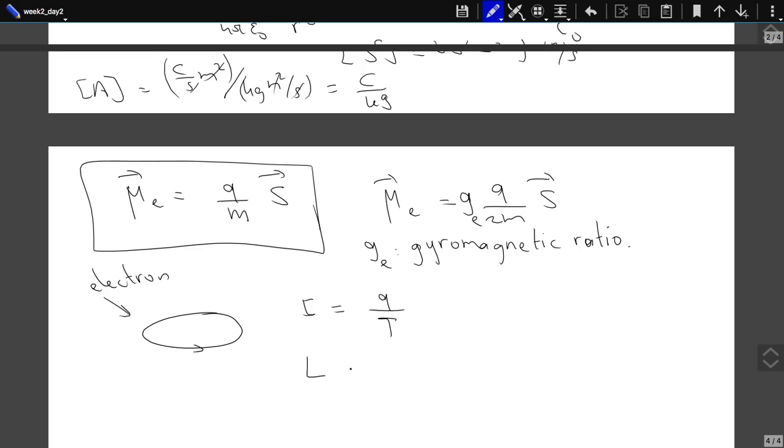The angular momentum, or the spin, would be just M R squared, this is I, times 2 pi over T.